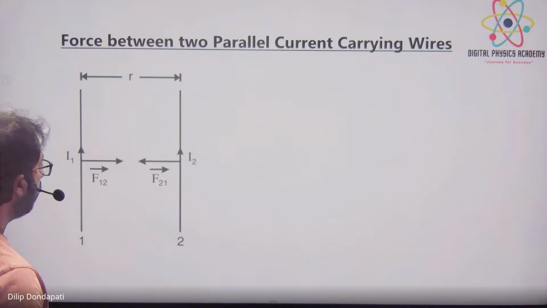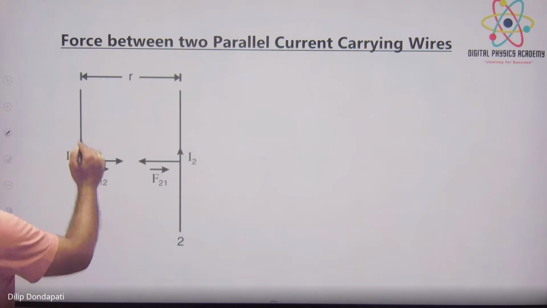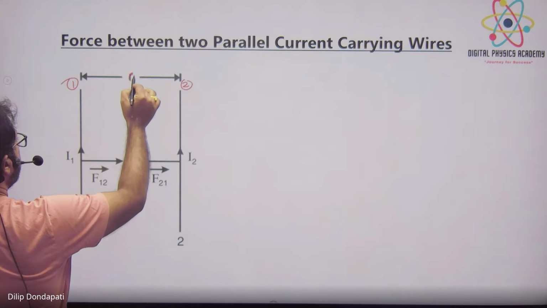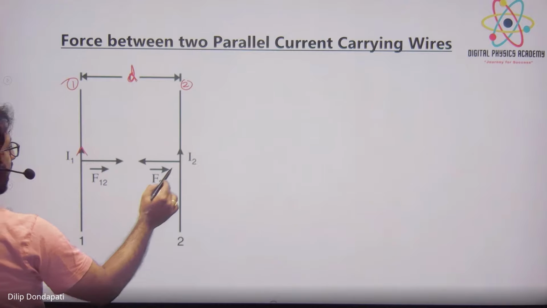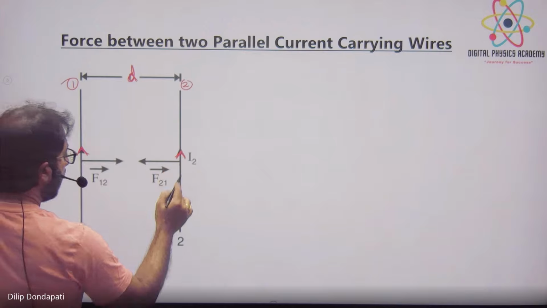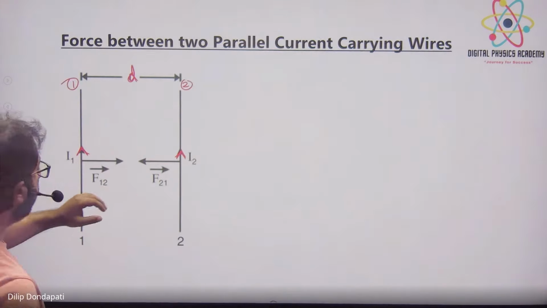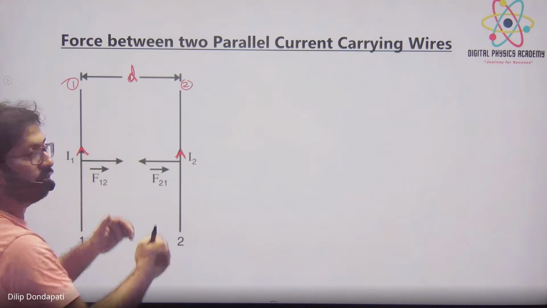See, we have an important formula, and a question will come from this too. Suppose the first wire is here, and a second wire is separated by distance d. In this one current I1 is flowing, in this one current I2 is flowing. Okay, they are going in the same direction, right? At that time the force acting between them is an attraction force.